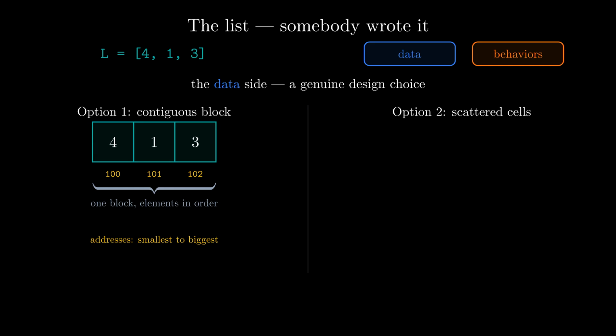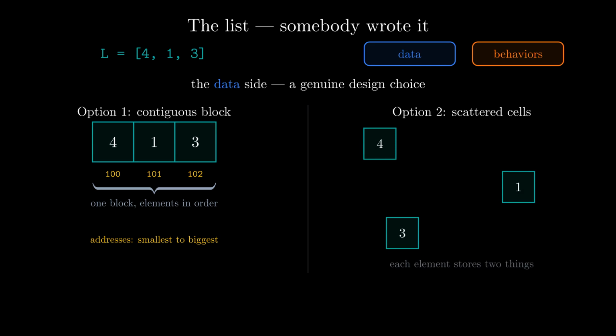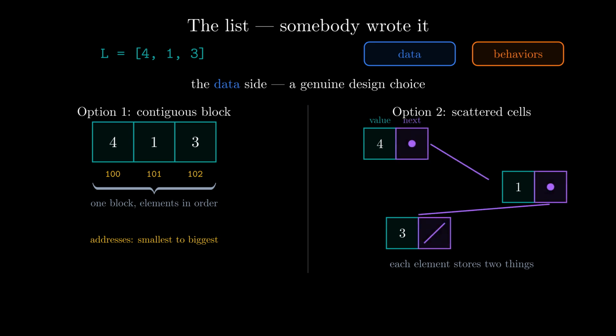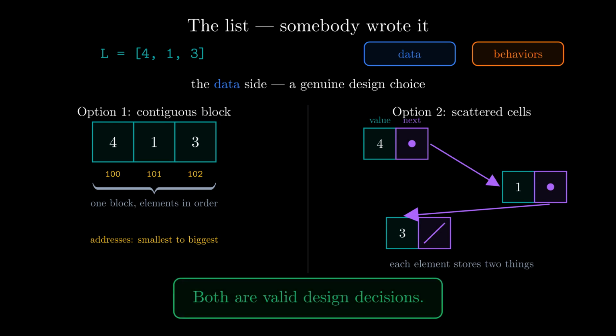Another option, allocate memory here and there, wherever space happens to be available, and represent each element by 2 things: the value stored at that location, and the number telling Python which memory location holds the next element. Both are valid design decisions. Either layout gives you a perfectly working list.